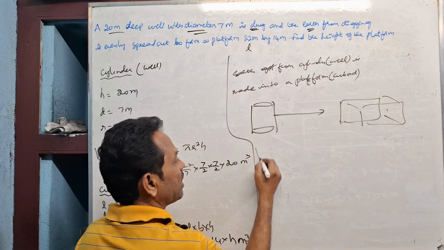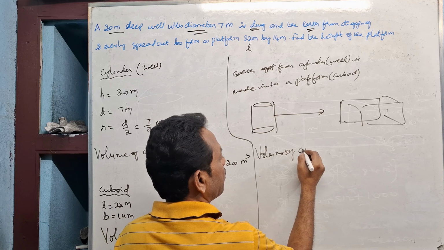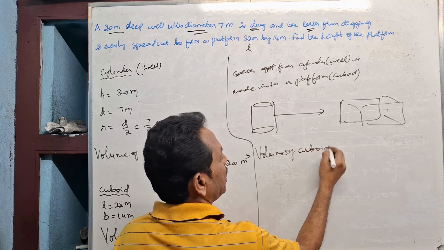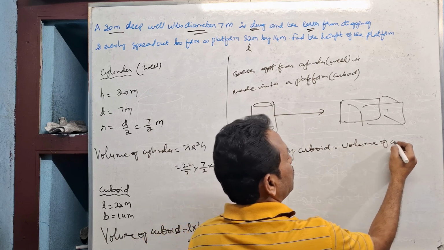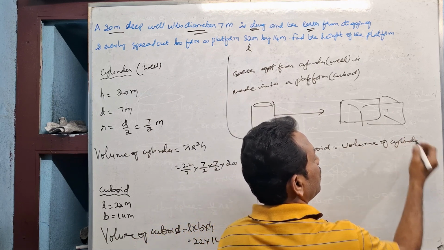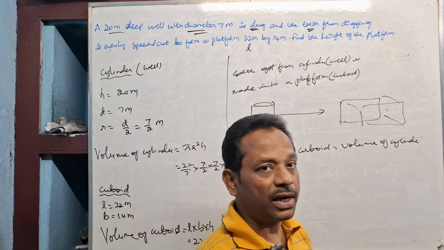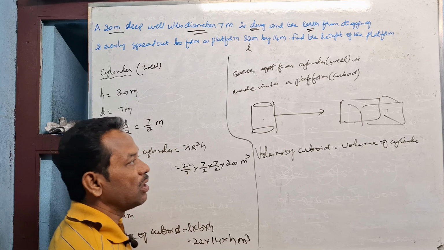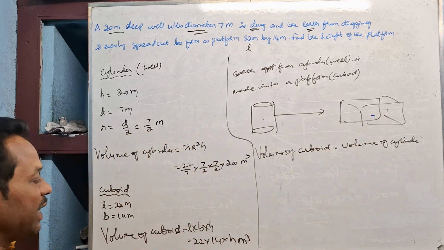That means we can say volume of cuboid equals volume of cylinder. When one shape is made into another shape, we know that the volume of those shapes will be equal.